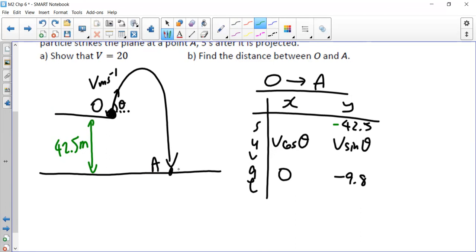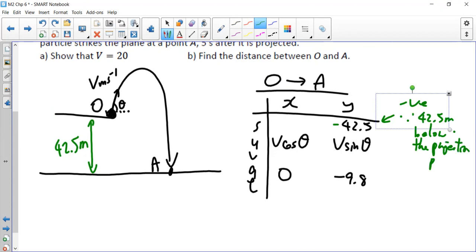It's like we're traveling to the basement. So it's like negative 42.5. Where we started is always like the ground floor. Anything we travel below is a basement, negative, right? So it's negative because it's 42.5 below the projection point. All right, so it's negative.